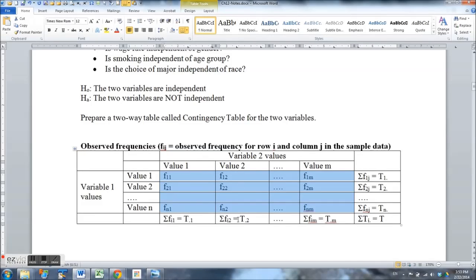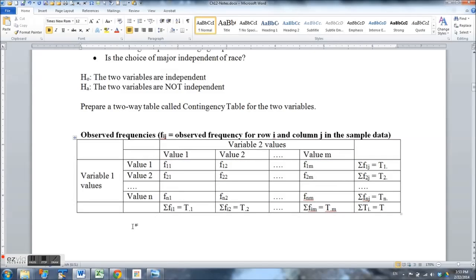If you sum by column, then you get T with the row subscript a dot and the column subscript 1. This is the total for column 1, this is the column total for column 2, and so on. The total of all of the frequencies, or grand total, is T. You can compute T by either summing the column totals or summing the row totals.